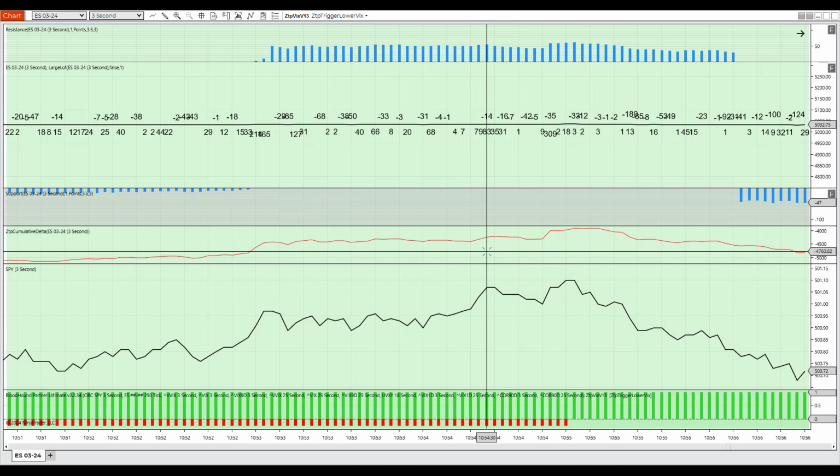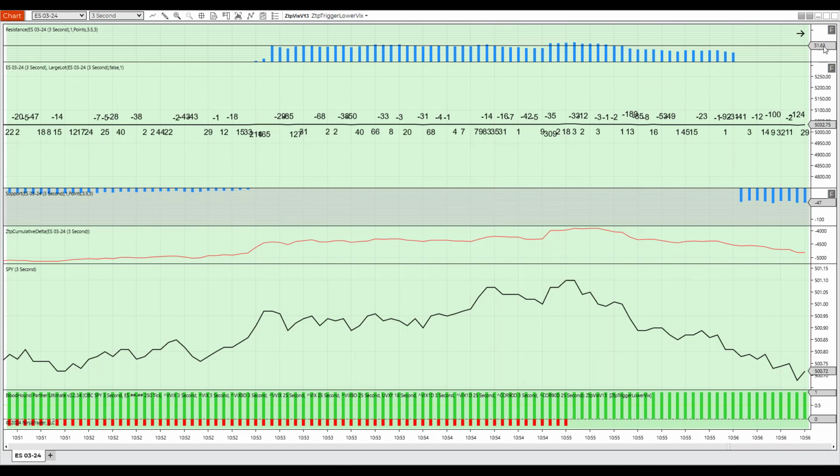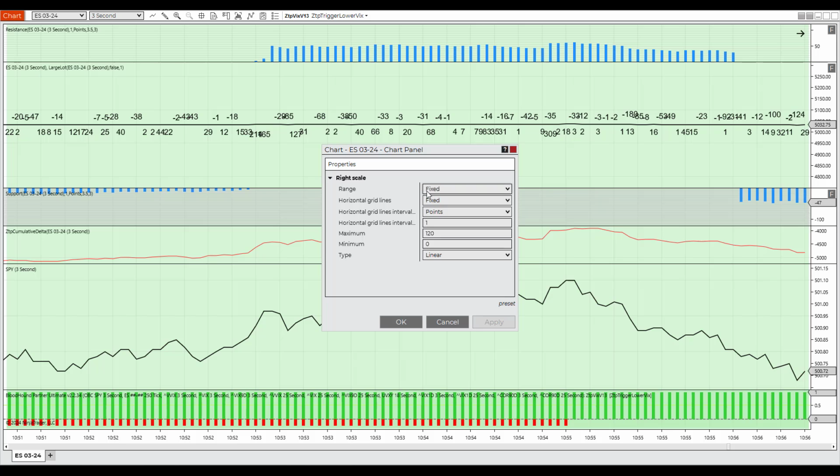But we still have 2 more changes to do, and we need to come over to the properties section over here, and we need to right click, go to the properties, and we need to change the range to fix, the horizontal grid lines to fix, the maximum to 120, and this can actually be set higher, but what it's going to show is when there is accumulation or distribution present.